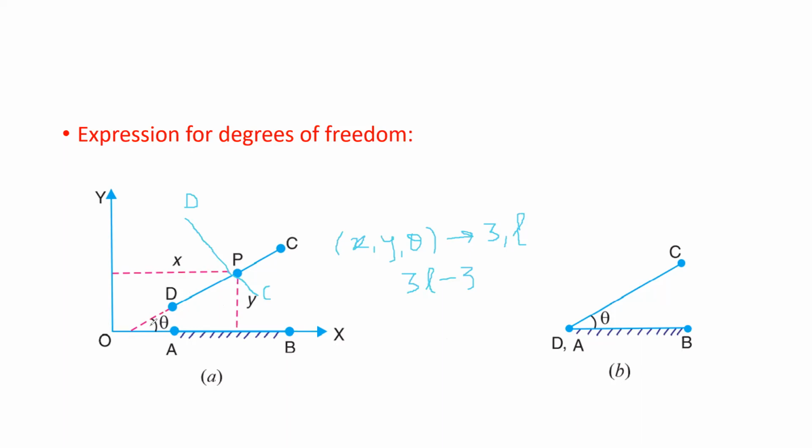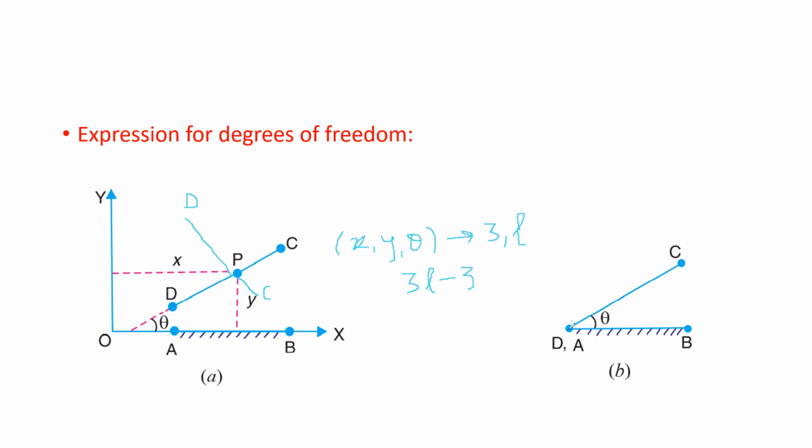Suppose I want to make a mechanism, so I have to connect two links together. I will join the end point D of link CD with the end point A of link AB, like this. Point A is a fixed point.